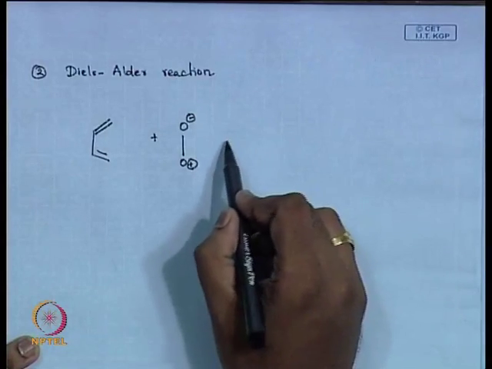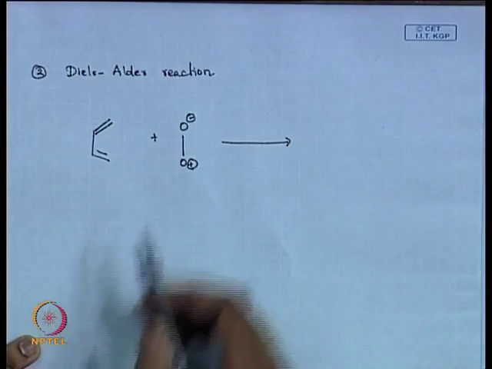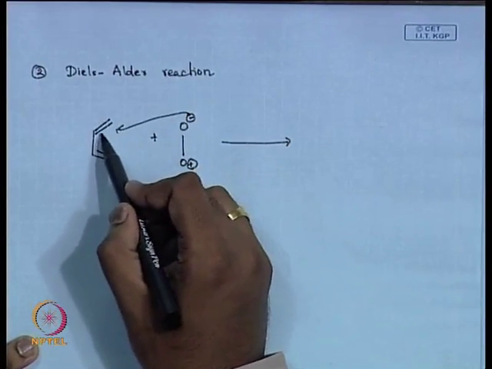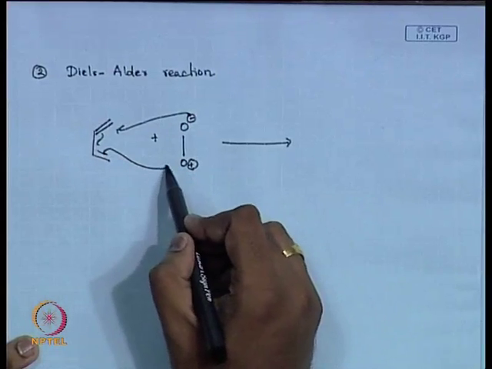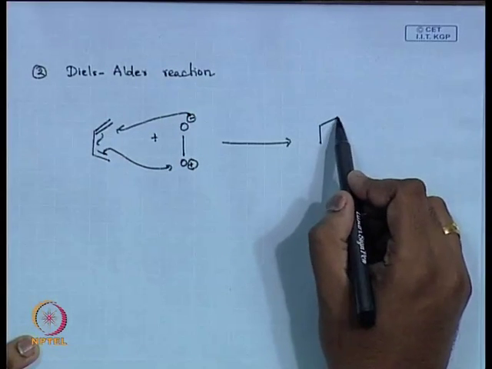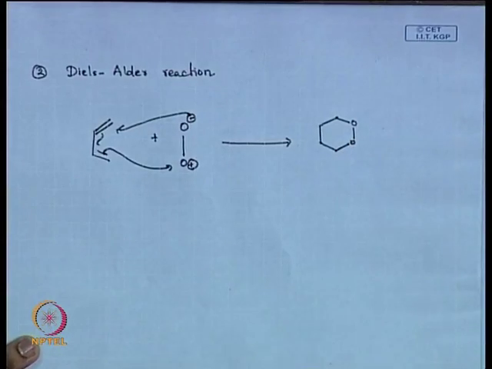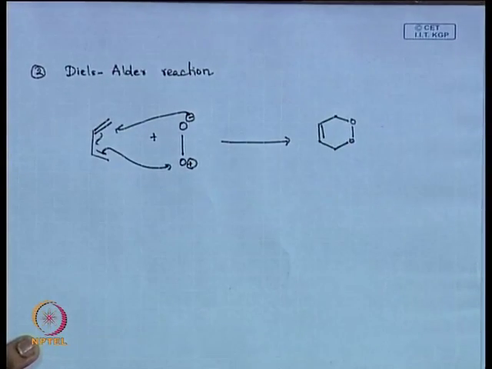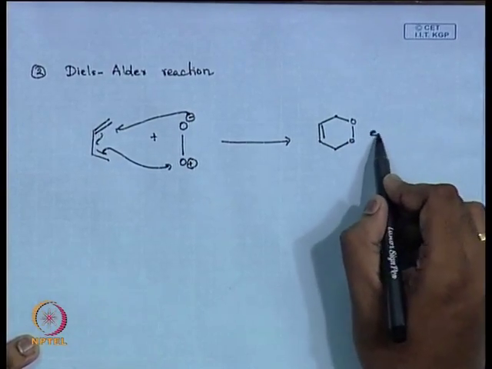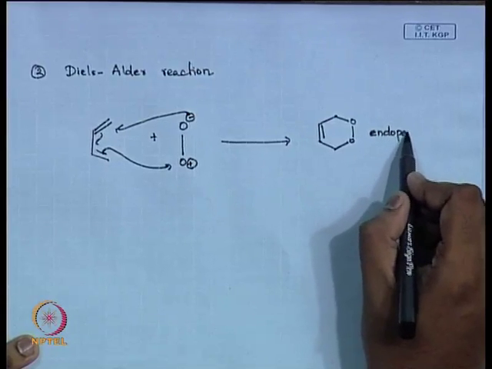I can generate a singlet oxygen. Okay. So, I can do my nice Diels-Alder. You call this an endoperoxide.